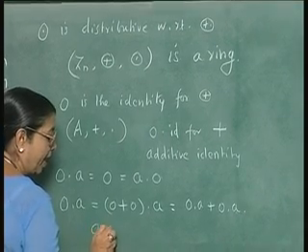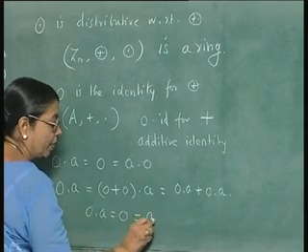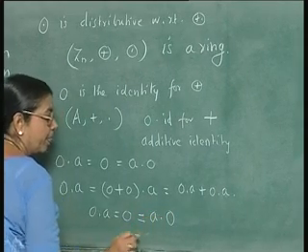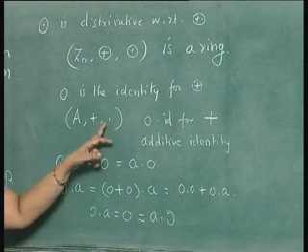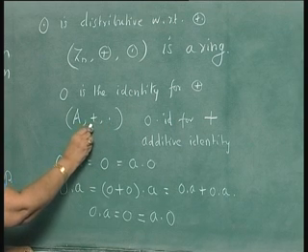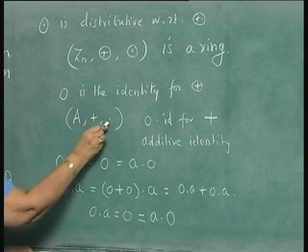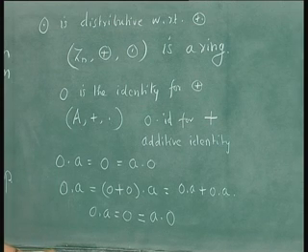So, 0 dot A is equal to 0, and similarly you can prove that this is also equal to A dot 0. So, the additive identity becomes the 0 element for the multiplication operation. We can call this multiplication, this addition.